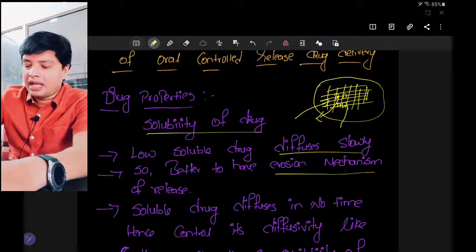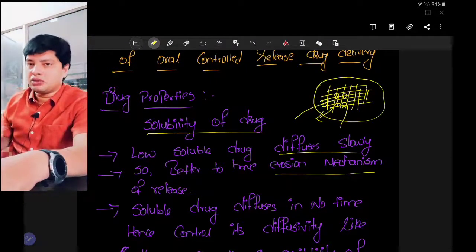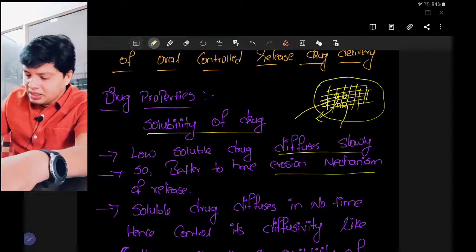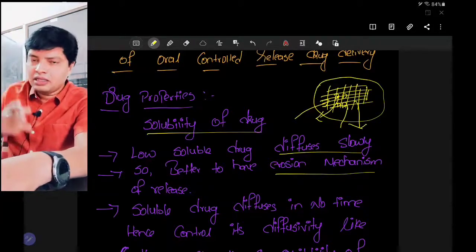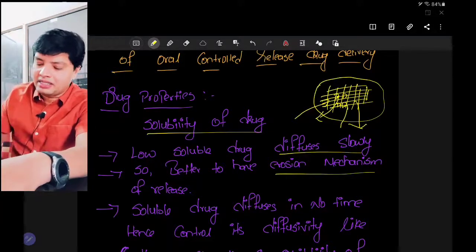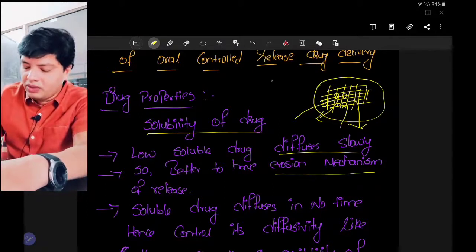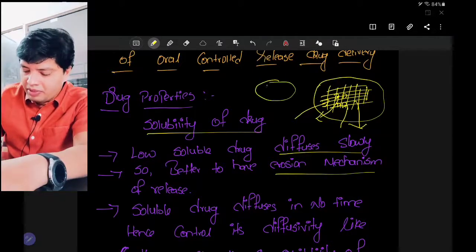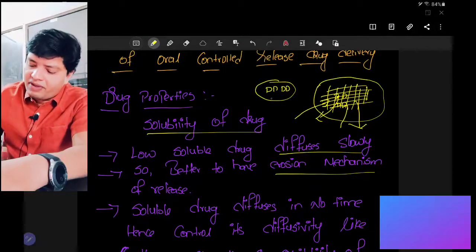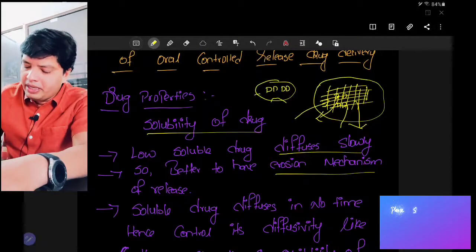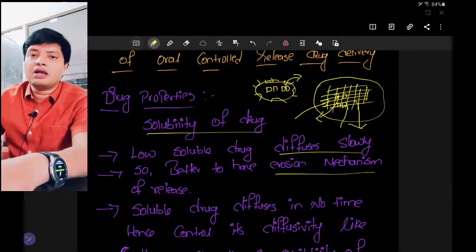They dissolve the drug, and the drug comes out slowly from the swollen matrix. Another mechanism of drug release is erosion. There will be a polymer and a drug here, and the polymer will get eroded here and there. From this erosion, the drug will come out.